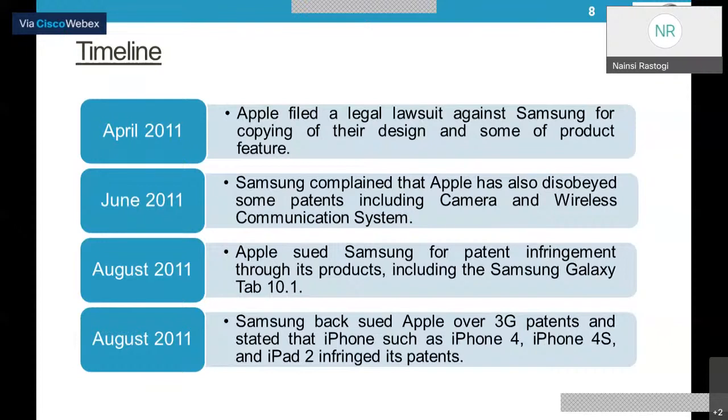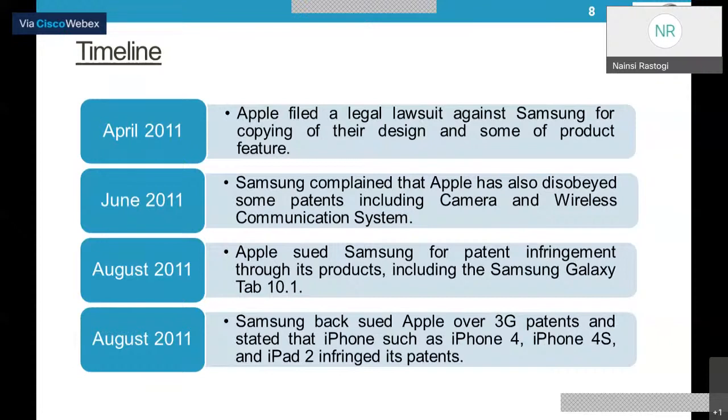Then in August 2011, Apple sued Samsung for patent infringement over its products, including the Samsung Galaxy Tab 10.1. Then Samsung sued Apple back over 3G patents, stating that iPhones such as the iPhone 4, iPhone 4S, and the iPad 2 infringed its patents. So this is a war from both ends.